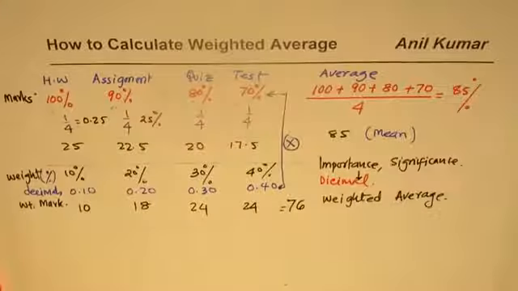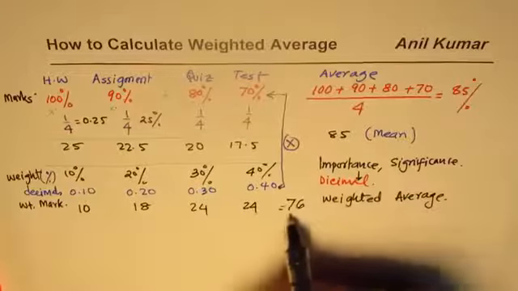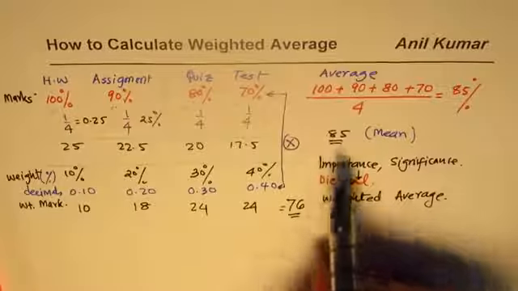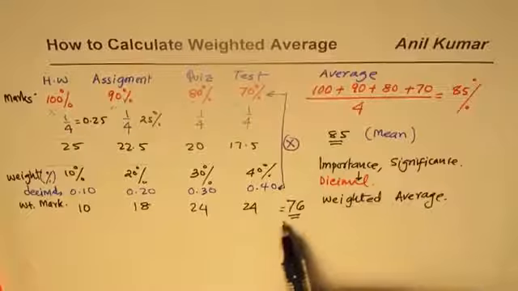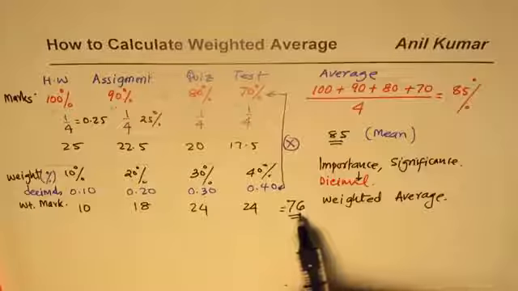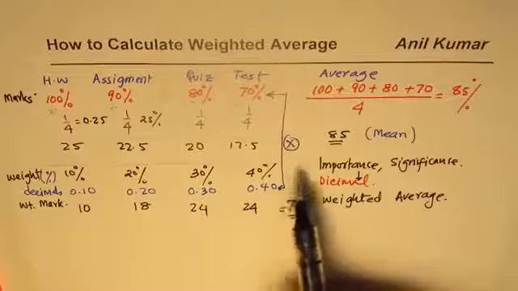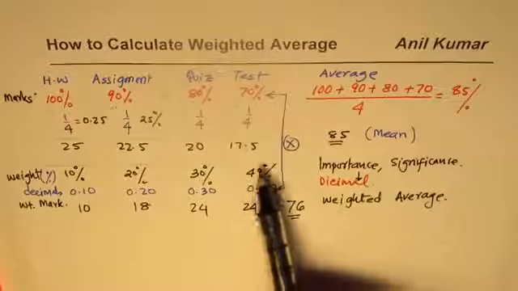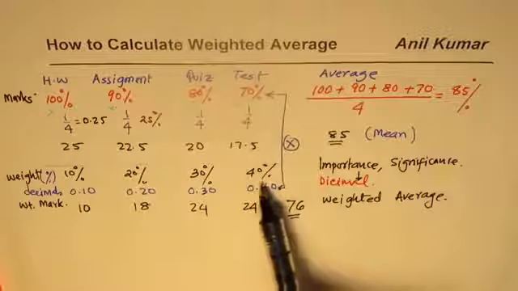Do you get it? As you can see, this 76 is much different than 85. Our weighted average is much lower since the importance of the test where we did not really score much is higher.